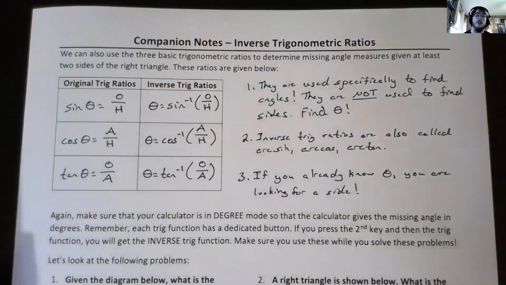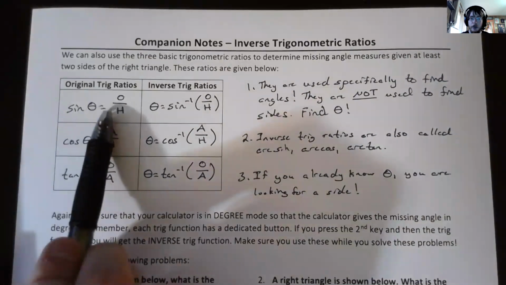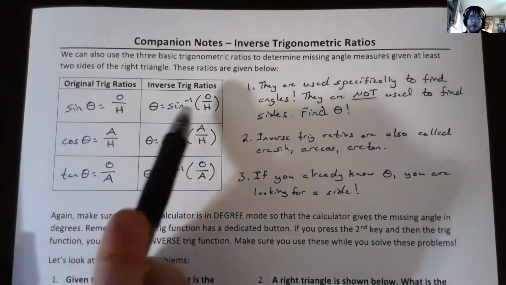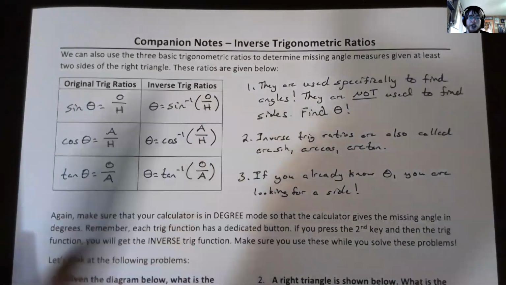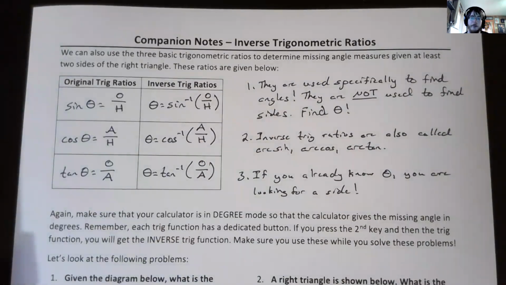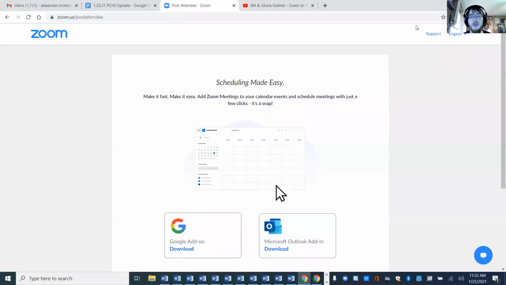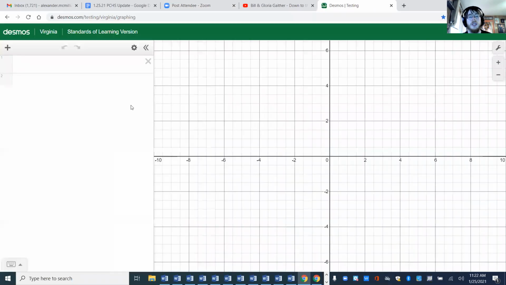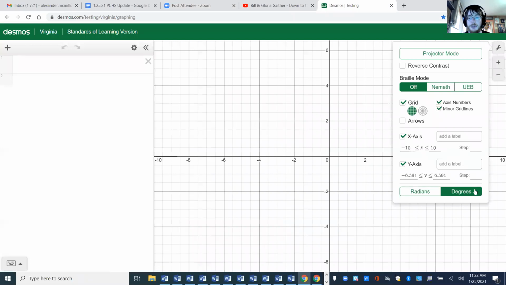Okay, so original trig ratios, you set up the equation and solve it. You never use the inverse if you're looking for a side. If you're looking for theta, that's where you use your inverse. Okay, and just the key thing here in Desmos, make sure that you have your calculator in degree mode.